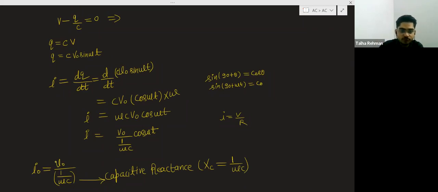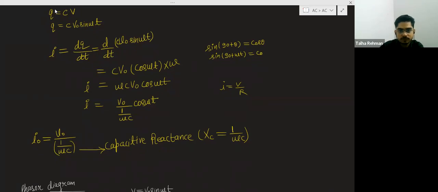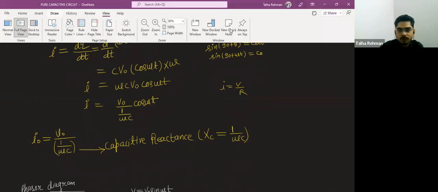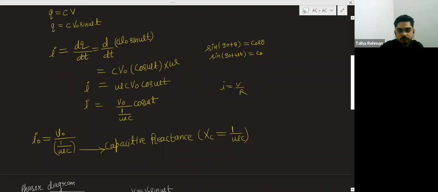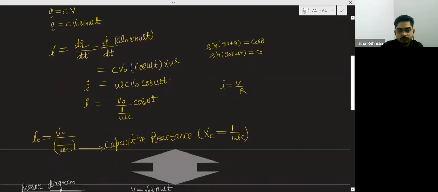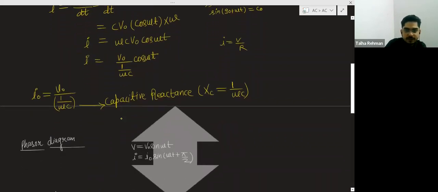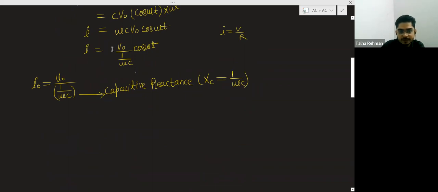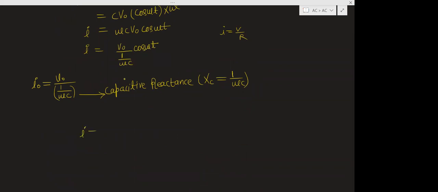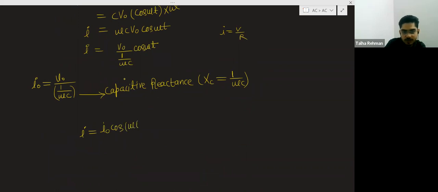Now further, what will we do? I can write this equation of the current as I is equal to I naught cos omega t.